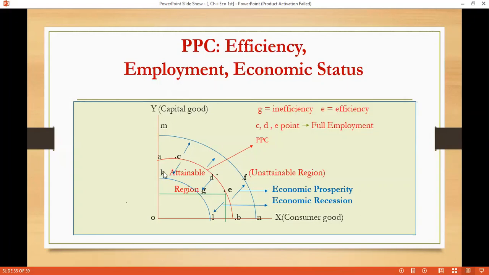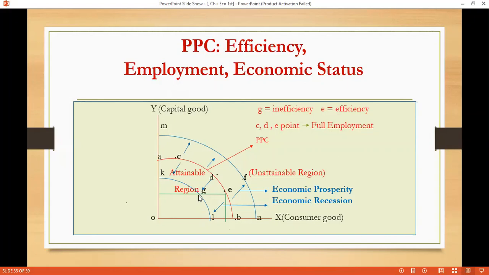And this G point is inside the PPC curve, and it is called attainable. This G point is in the attainable region, but it shows inefficiency, because at this G point we see that Y product is produced this amount, but X product is produced only this amount.